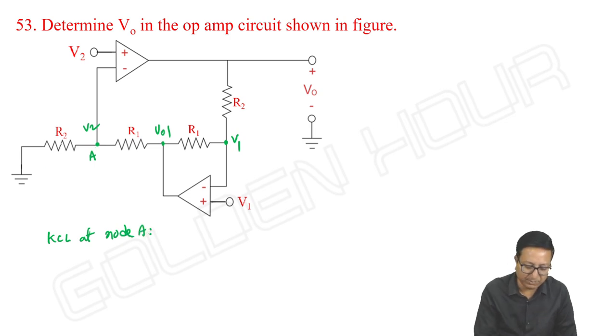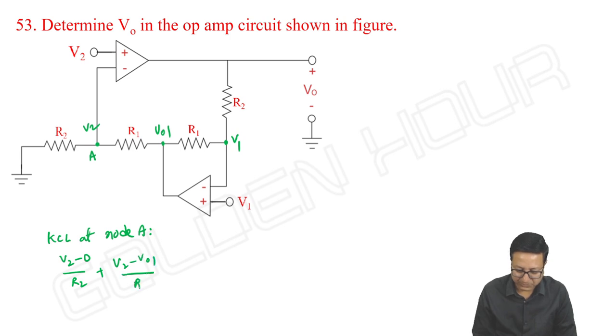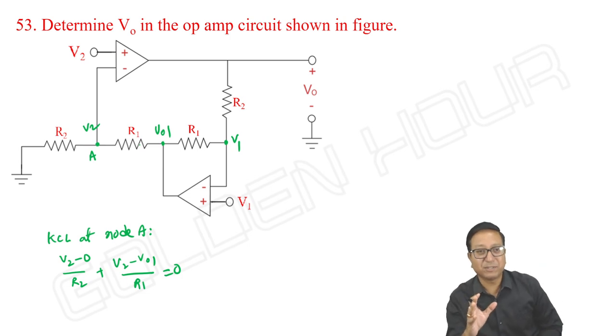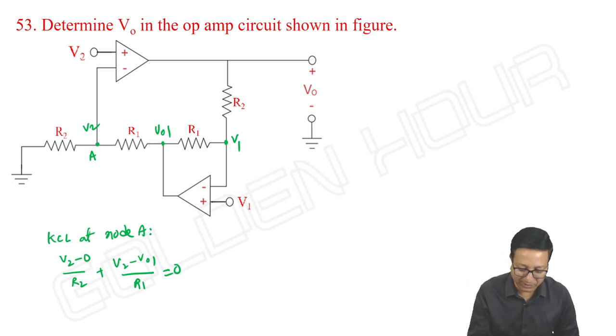What can you write? V2 minus 0 by R2 plus V2 minus V1 by R1. I am writing it because the circuit looks something new, but you know it is something like a non-inverting amplifier. If it is connected here, then what would you have written for the output voltage?